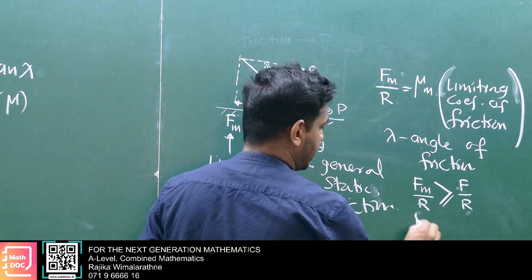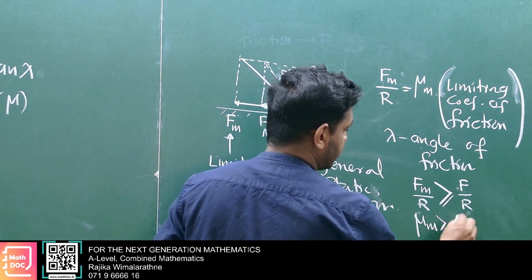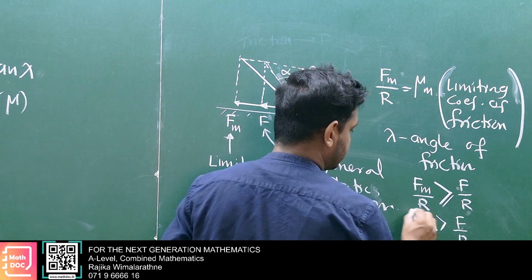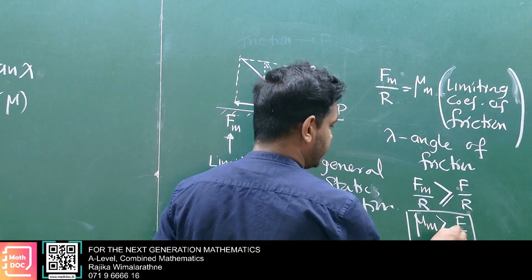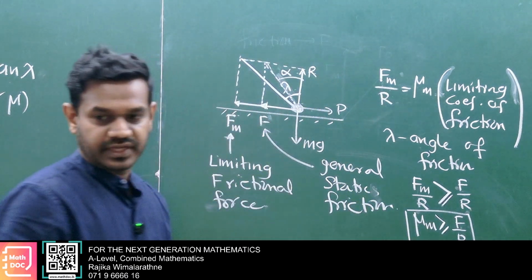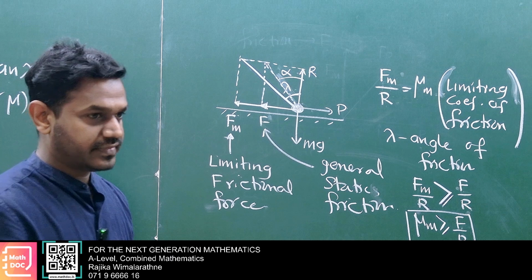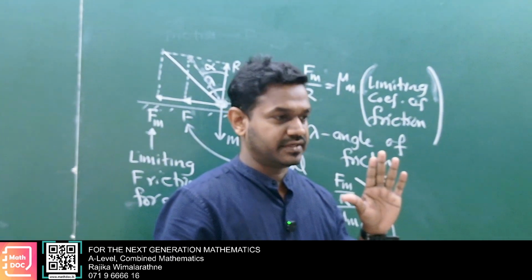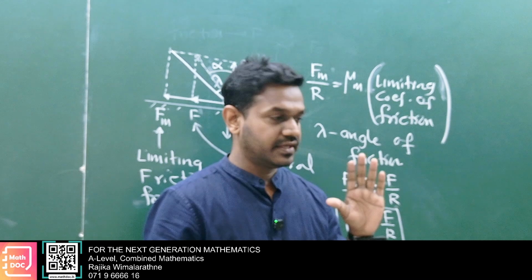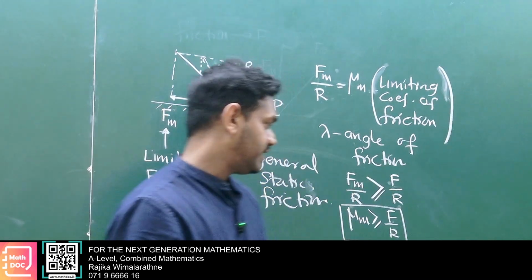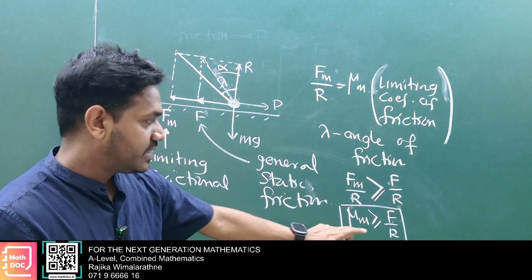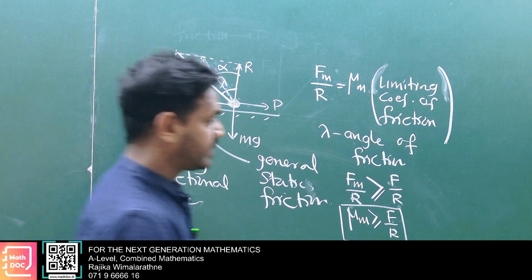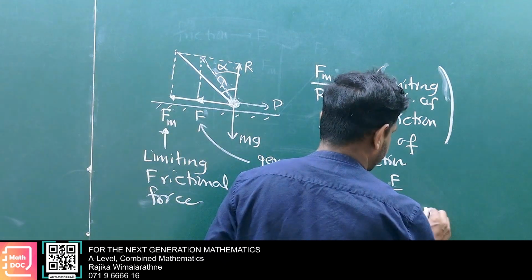Then mu m is greater than or equal to F divided by R. We call this the equilibrium condition. You have to remember that, it is very important and directly deals with exam questions.